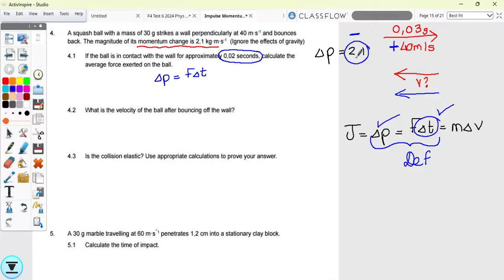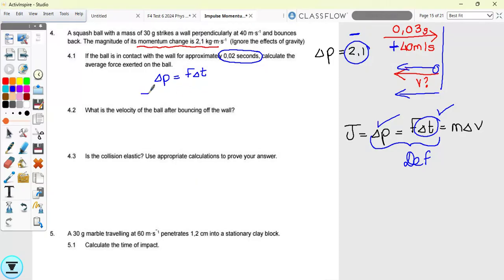If it's velocities, it will be wrong if you don't put the sign in. Because they say exerted on the ball, you still have to add the direction. The ball is ending up going to the left, so you have to add 'to the left' to your answer if you didn't put it in your calculation.